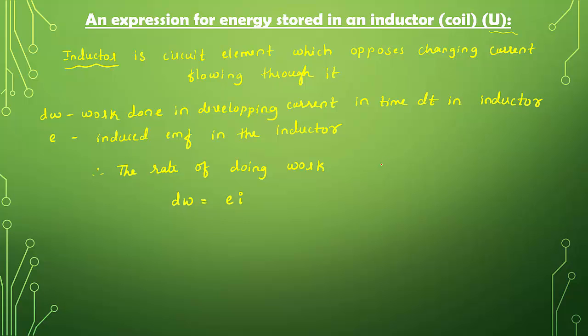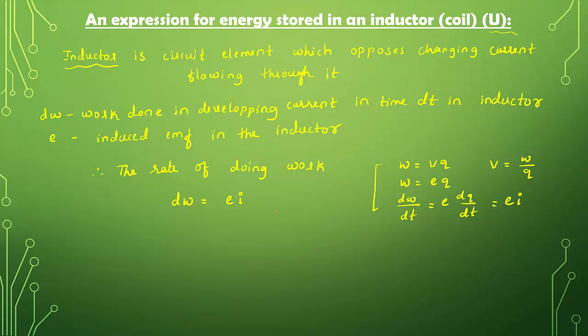So what is this E into I? We know that work done is given by the equation V into Q, where potential difference is the work done in bringing a unit positive charge. W equal to V into Q, but here instead of potential difference we can consider the induced EMF E into Q. So we want dW with respect to time, dW by dt, that gives E into dQ divided by dt. dQ by dt is the current, and a small amount of work is done.